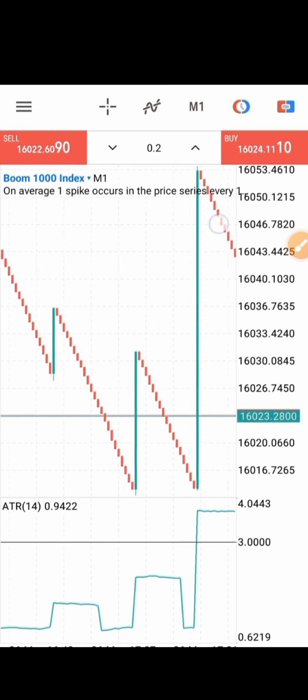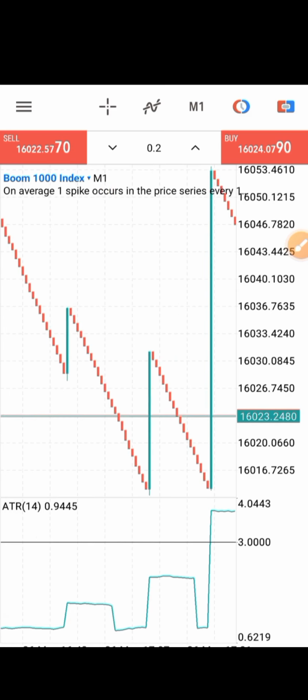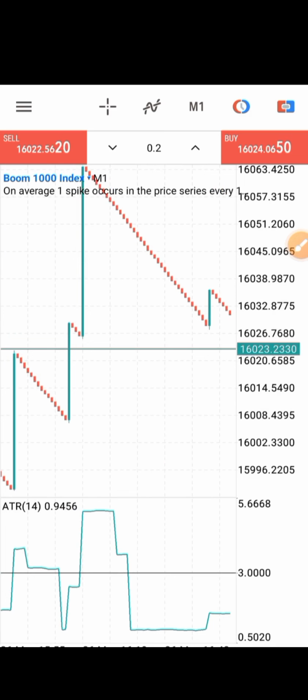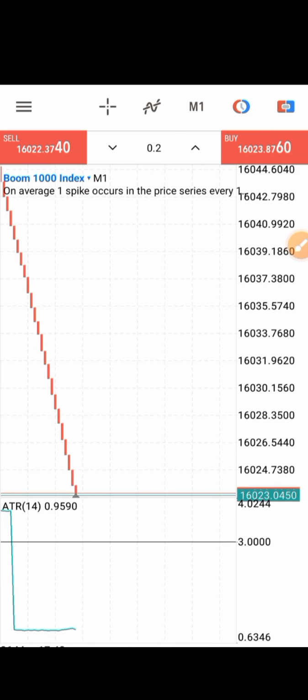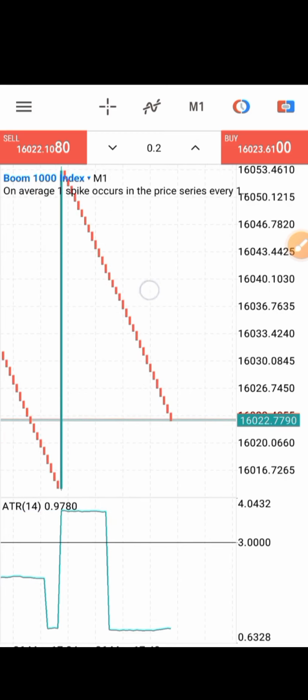Because most of the accounts, like I said in the last video, that were blown were blown out of revenge. You don't want to end the day in loss. You keep on stacking trades. Or you are in a losing position, you want to recover, you keep on adding to the losing position, which is the deadliest decision ever.